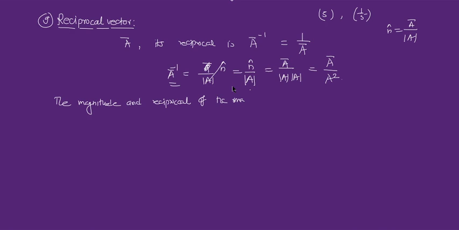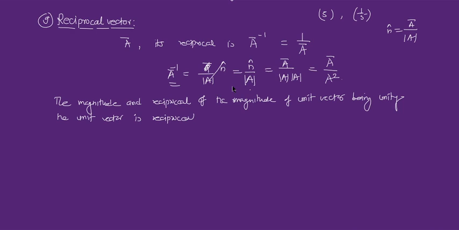Unit vector being unity, that is 1, the unit vector is reciprocal to itself, and it is said to be self-reciprocal. So it is its own reciprocal vector.